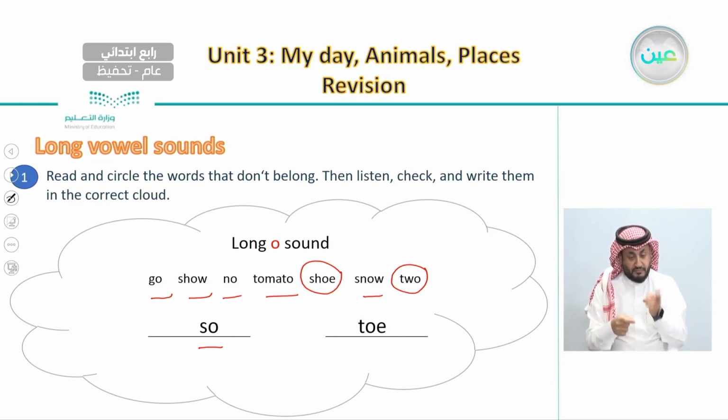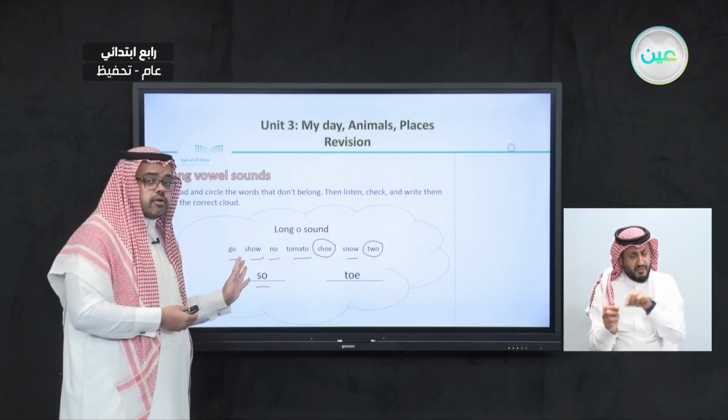Let's listen to them and practice them as well: go, show, so, no, tomato, snow, and toe. These are the 7 words we have in the long O sound. We took shoe and two to put them in another cloud.